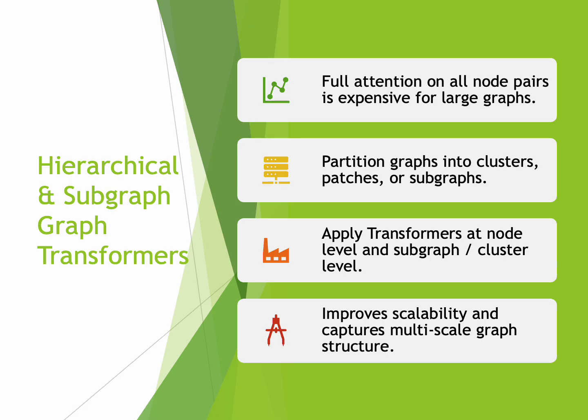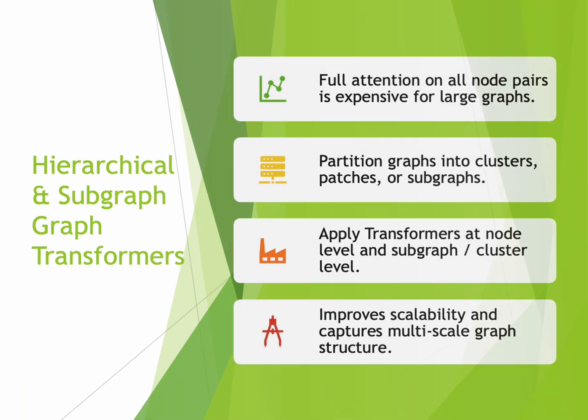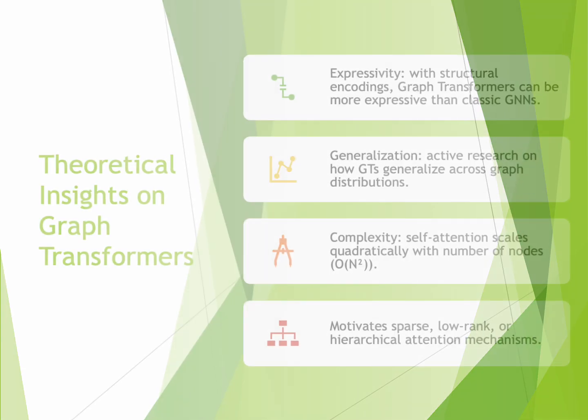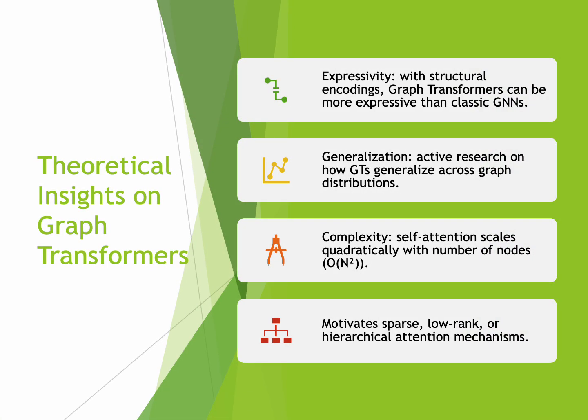Okay, let's consider theoretical insights. The survey also reviews theoretical works related to graph transformers. One key question is expressivity. Can these models distinguish between more complex graph patterns than standard GNNs?